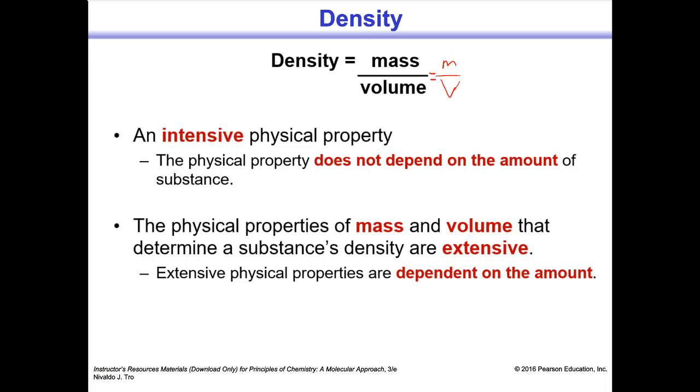A little bit of water is going to have a different volume than a whole lot of water. So those are extensive. But density is intensive. Intensive means it doesn't change based on how much you have, so that's like density. Extensive does change based on how much you have. So it makes sense, right? If I have a whole lot of something, it's going to weigh more than if I have much less of something.